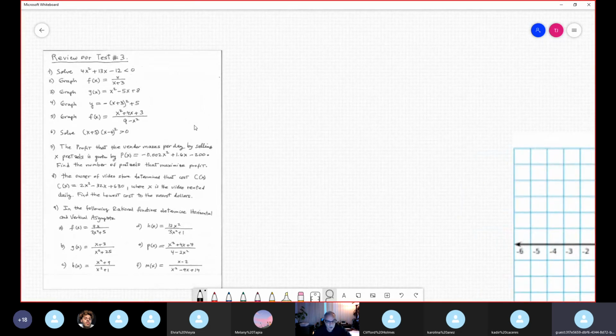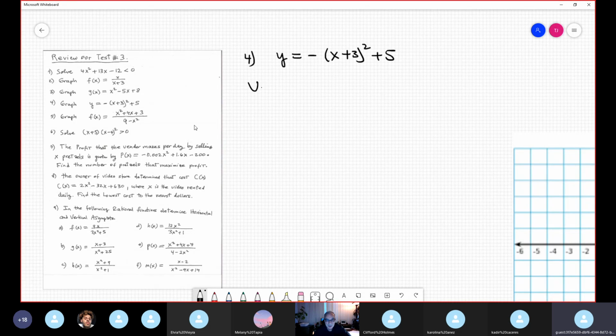Okay, let's move to number 4. Number 4 is similar. It's also a parabola: y equals negative (x plus 3) squared plus 5. The only problem is that this is expressed in vertex form, but it's okay.